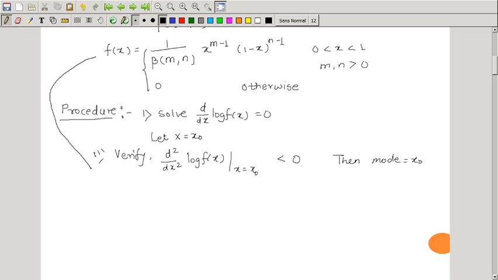Taking log on this function, we get log of f of x is equal to log of 1 upon beta mn x raised to m minus 1, 1 minus x raised to n minus 1.